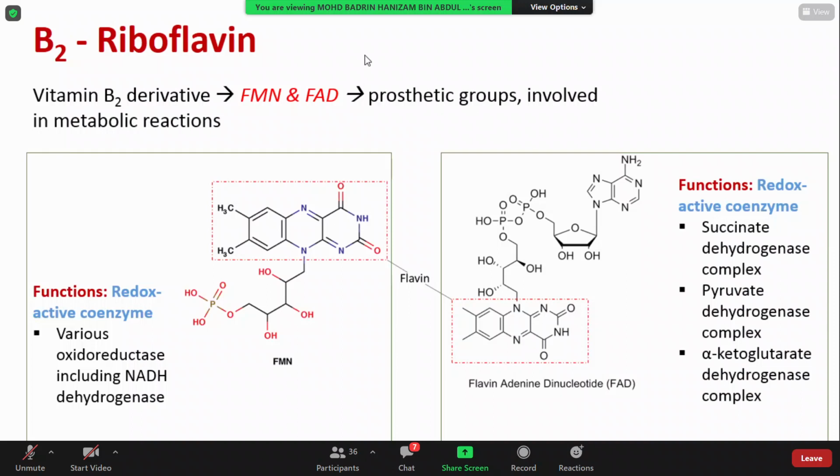So for the succinate dehydrogenase complex, can I call Nurul Farhana? Name two pathways that you can find succinate dehydrogenase. In the TCA cycle.